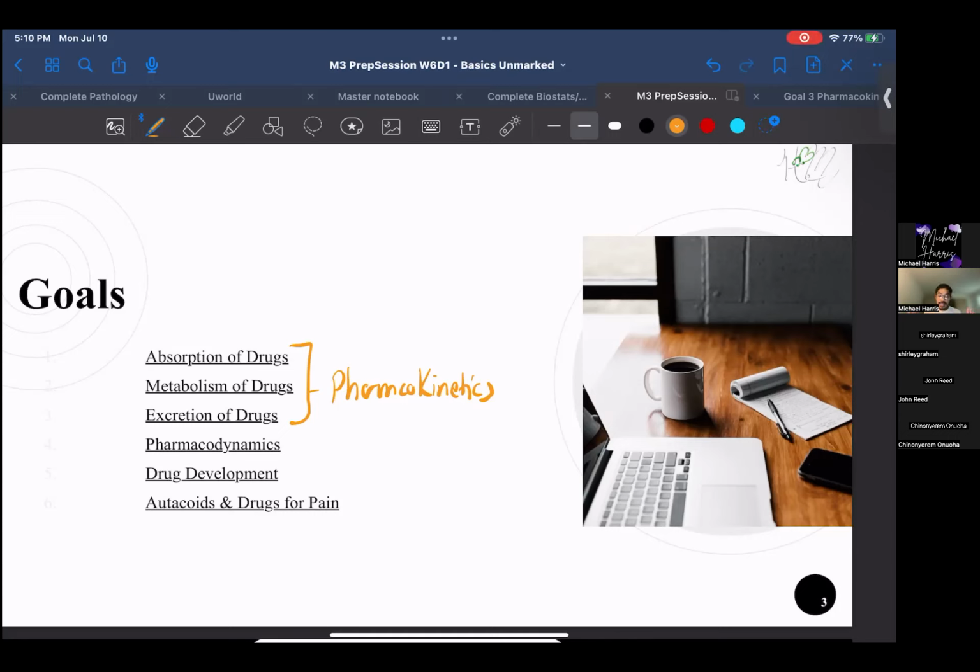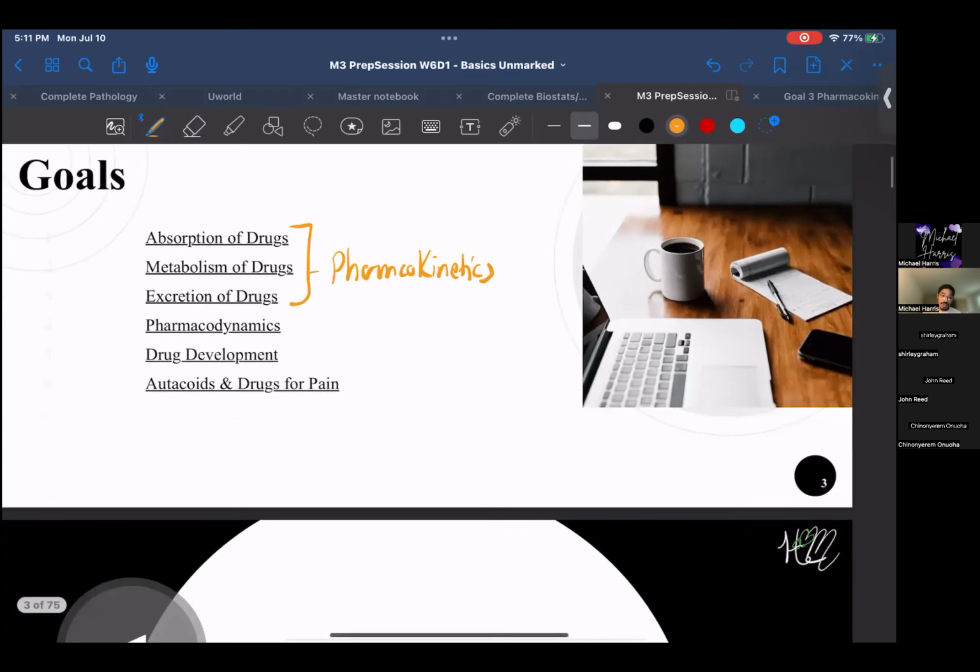All that is the same concept as pharmacokinetics. But pharmacodynamics is more each specific enzyme. What does each specific enzyme do in the body, and how does it work? Now, drug development, we're going to talk a little bit about that. And then finally, we're going to finish off with a few drugs that you will have to know for your first test.